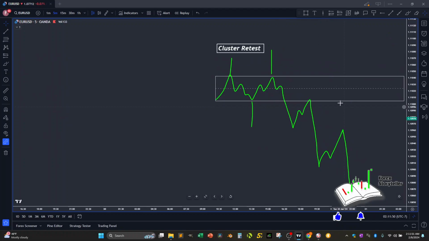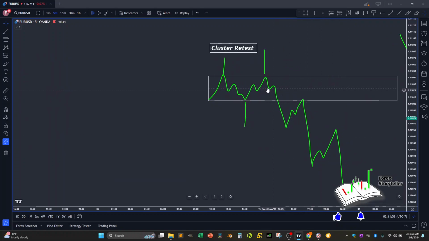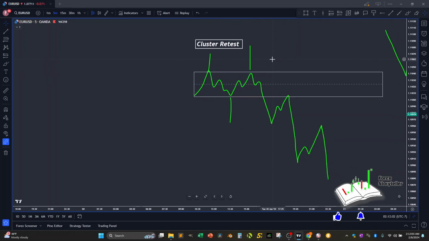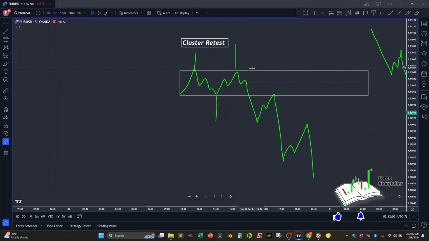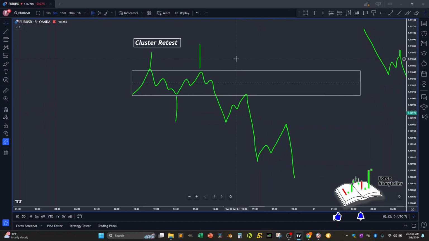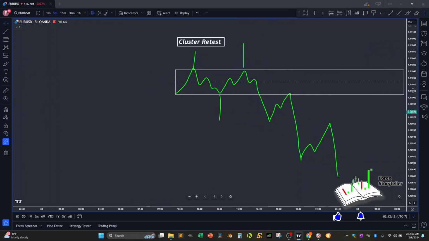There's a few different details to it. It's not quite as cut and dry as the other two, and it does help if you know the other two and see some of that happening along with this to kind of confirm. So this is getting a little bit more advanced, but this is a very strong pattern that'll give you extremely low risk and high probability entries. You just have to be careful at which ones you choose.